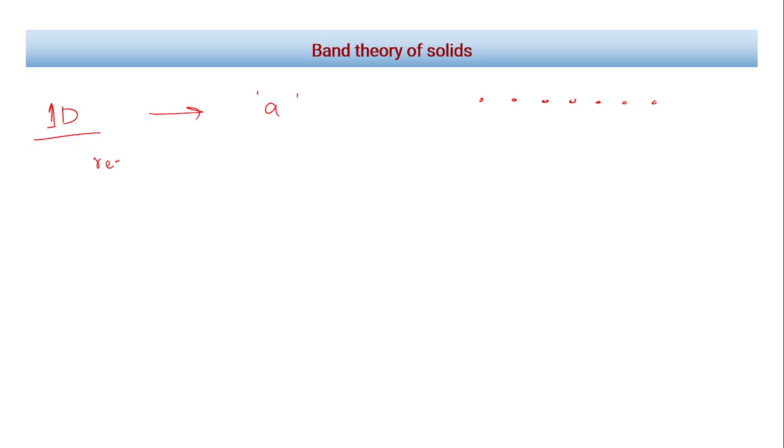So in reciprocal space, because for every real space we can have a corresponding reciprocal space. For this 1D real space, its reciprocal vector will be 2 pi by A, right? We have this 2 pi constant.